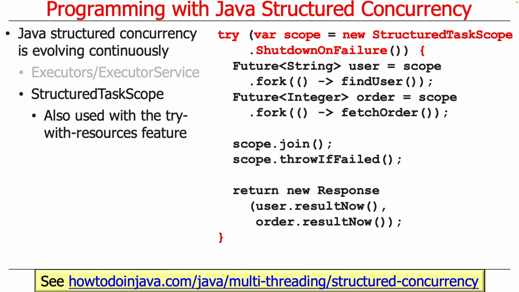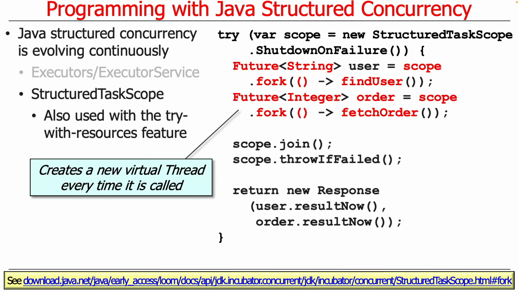So ShutdownOnFailure is a class that's nested inside of StructuredTaskScope, and you can read more about what semantics are here, but basically it's a vehicle for spawning virtual threads and then joining them and then reporting errors if something goes wrong. So as you can see here, what we're going to do is use this scope object, which is of type ShutdownOnFailure, to fork two new tasks. And when we fork, of course, that'll spawn a virtual thread each time.